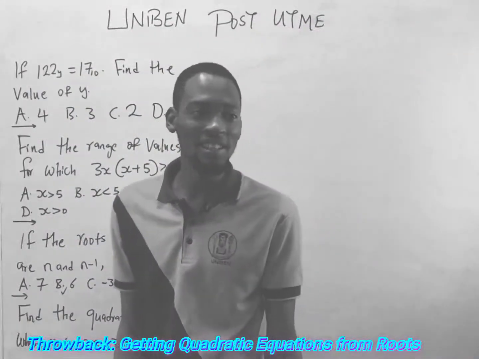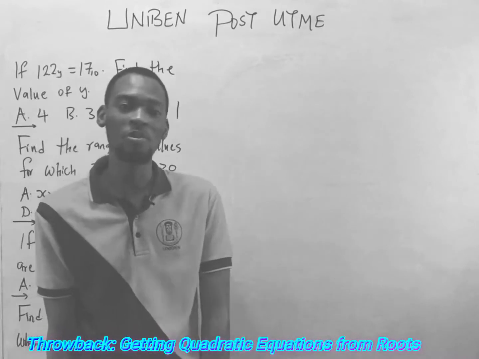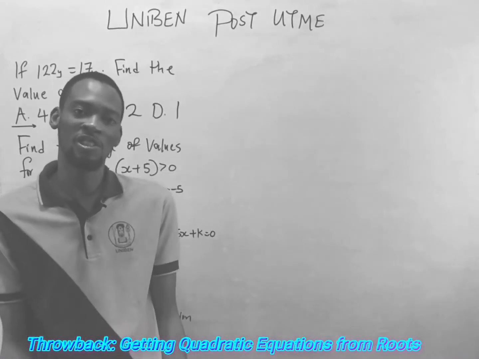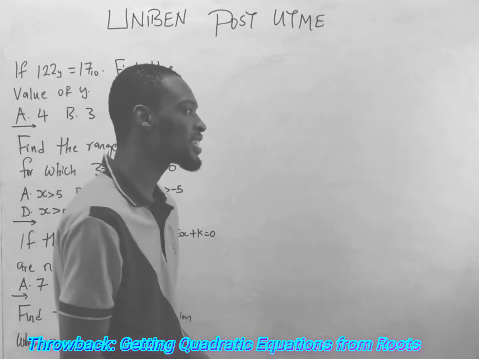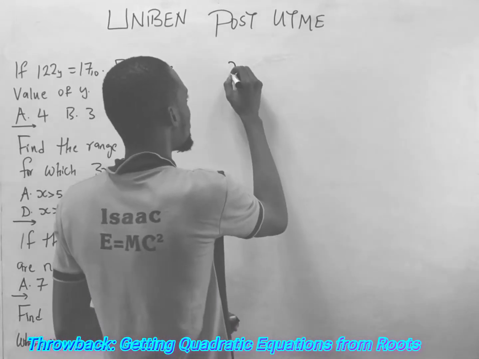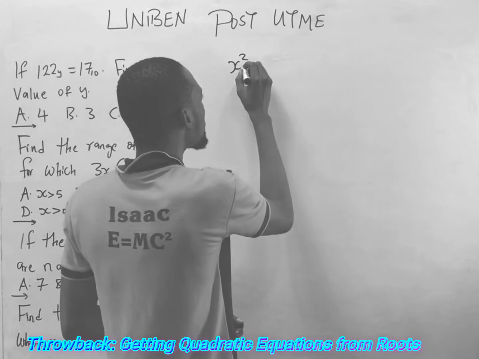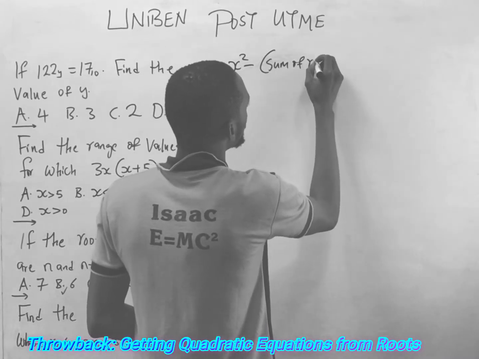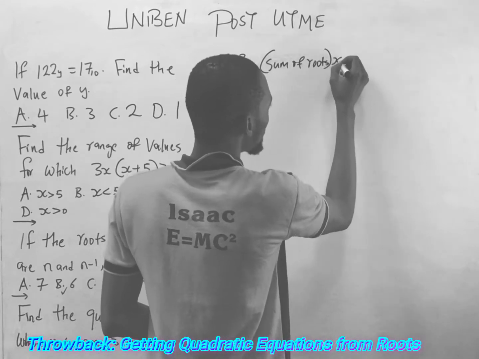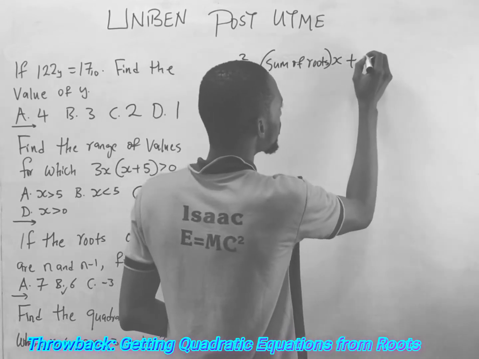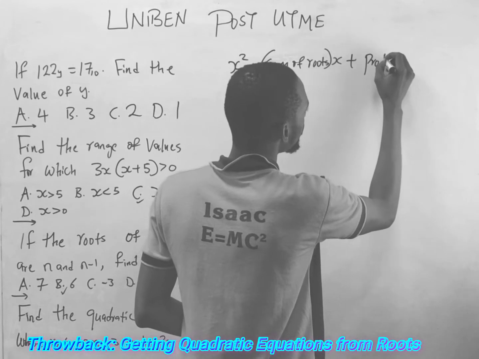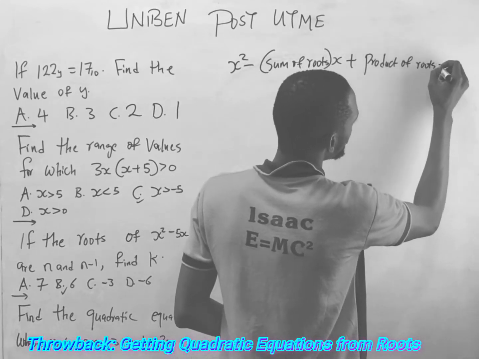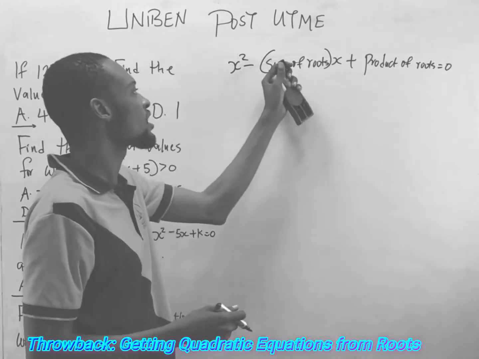Normally you'll be given a quadratic equation and asked to look for the roots. Now you are given the roots and asked to derive the quadratic equation. So the quadratic equation is simply s squared minus the sum of roots times s plus the product of roots is equal to 0. So this is the quadratic equation for you.